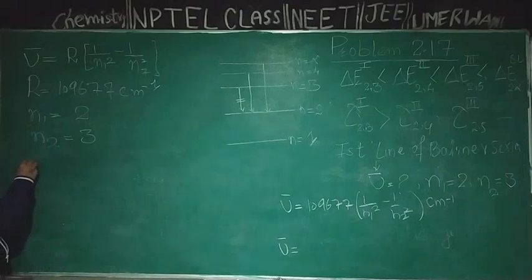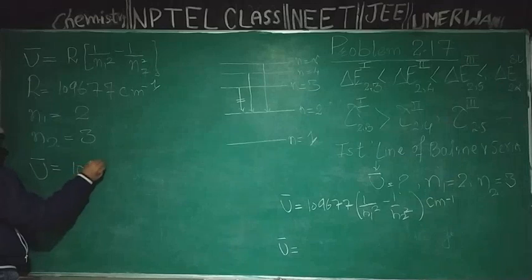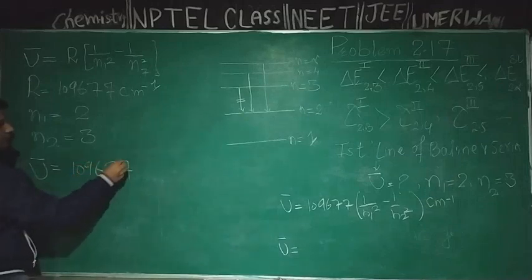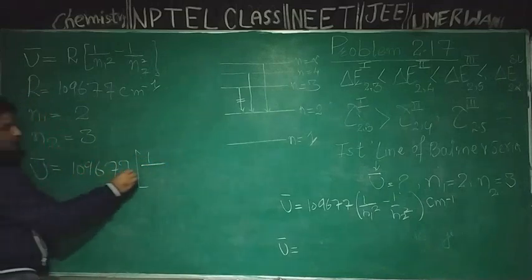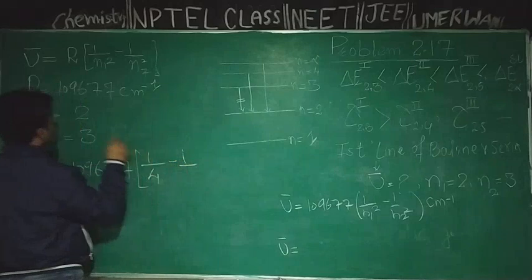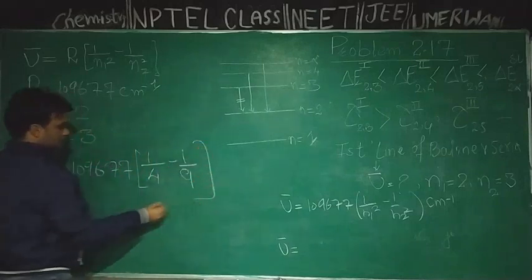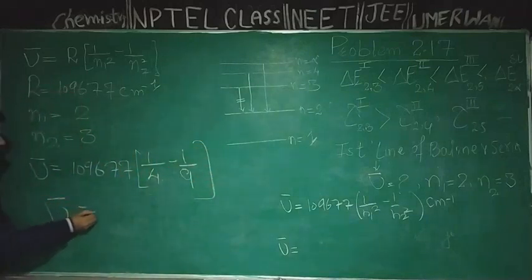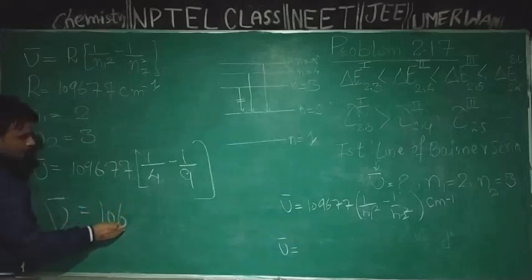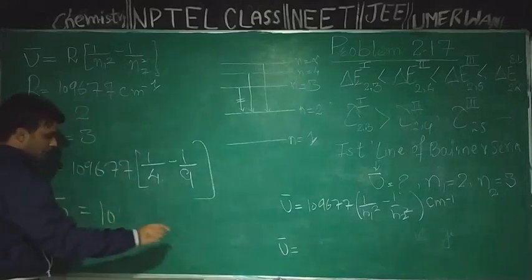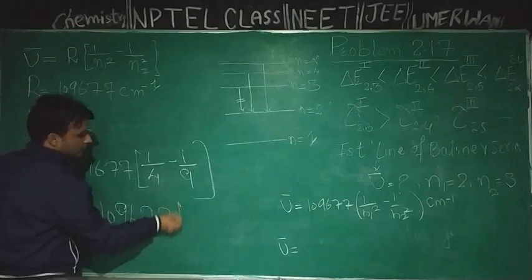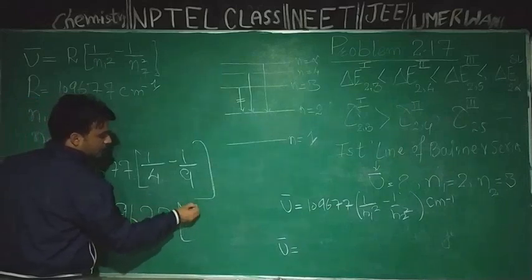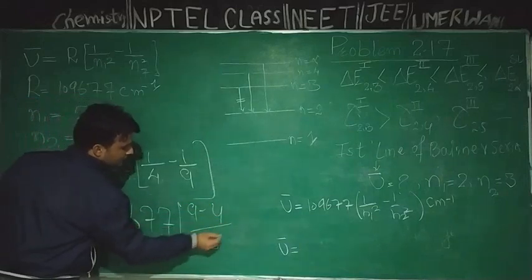Now I can solve this for the wave number. The wave number will be equal to 109,677 times (1 divided by N1 square, which is 2 square, that is 4, minus 1 by 3 square, that is 9). Nu bar is equal to 109,677 times (9 minus 4) divided by 36.